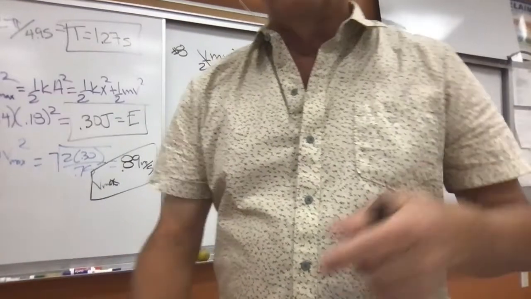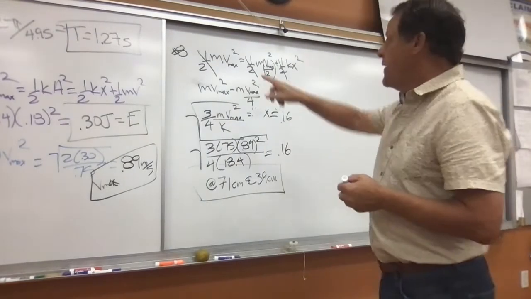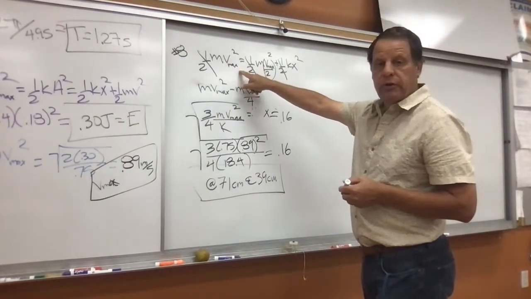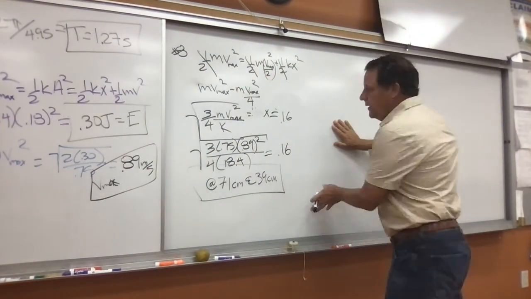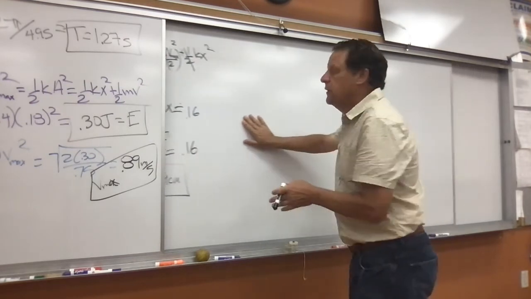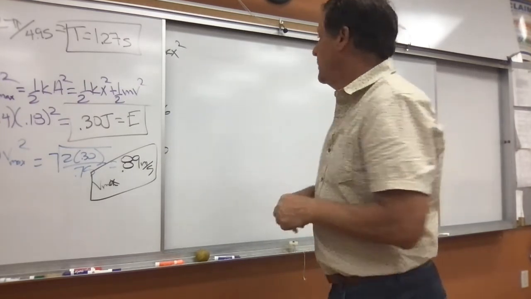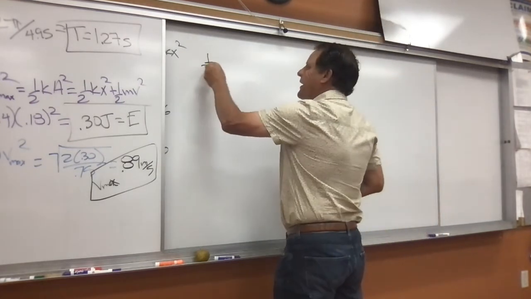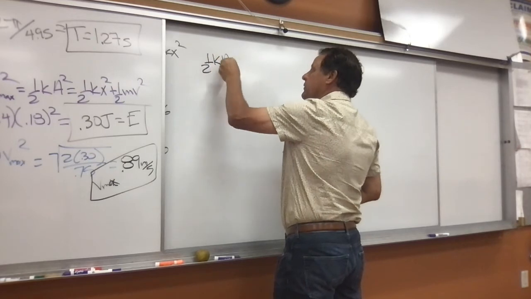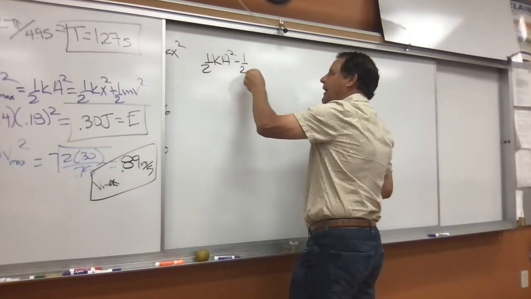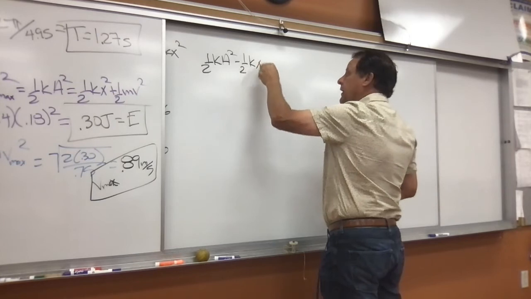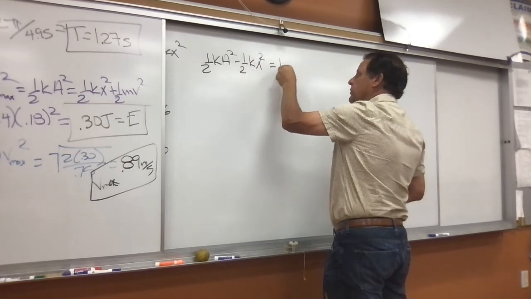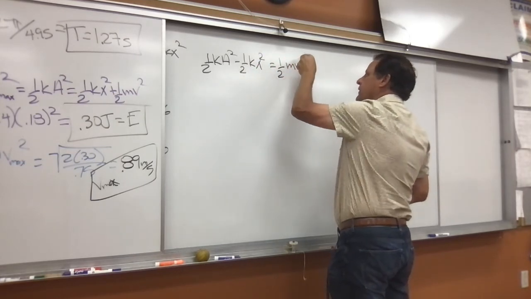Okay, now this is going to be very similar to this one. We are going to see 1/2 Ka squared minus 1/2 Kx squared is equal to 1/2 mv squared.